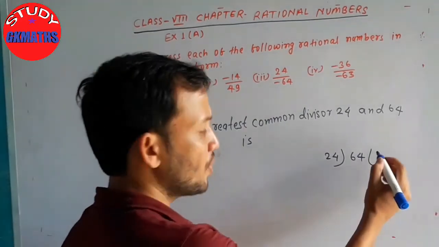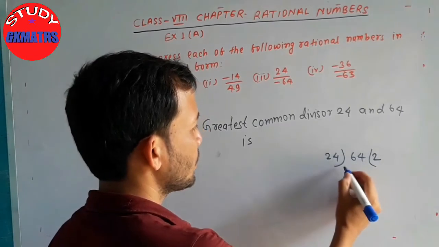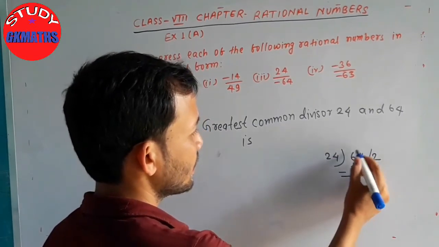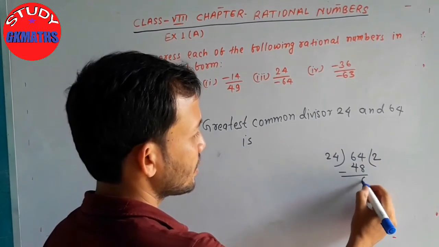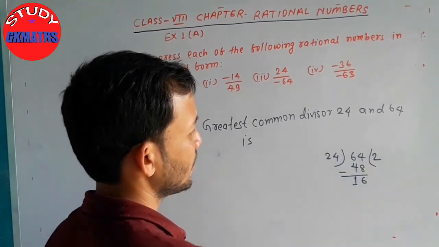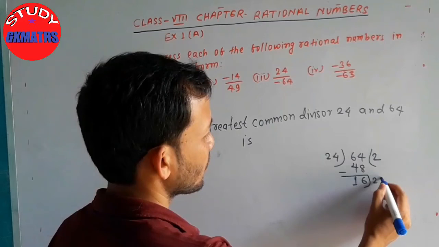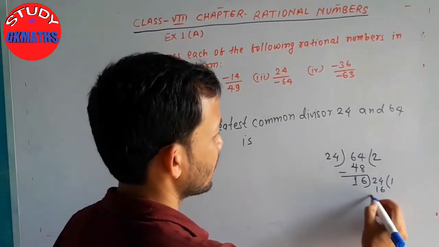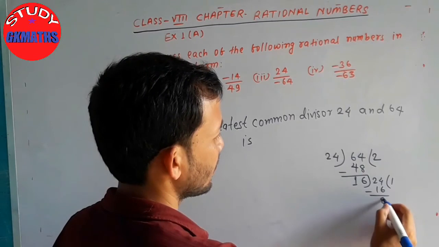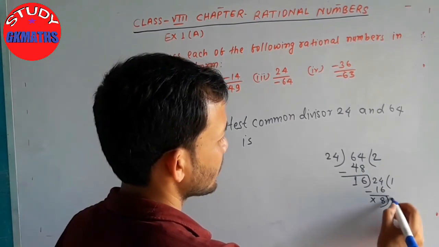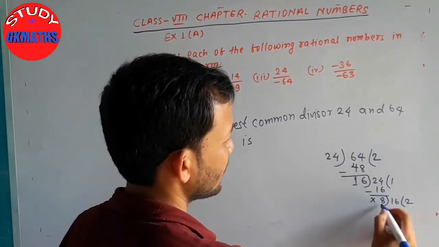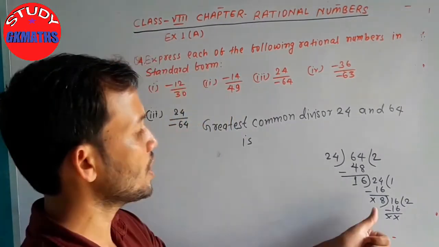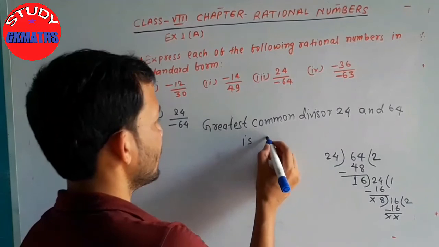So 24 twos are 48. Subtract this, the remainder is 16. Next is 24, divided by 16. 16 ones are 16, the remainder is 8. Cancel out 16: 8 twos are 16. Remainder is 0. So the greatest common divisor is 8.